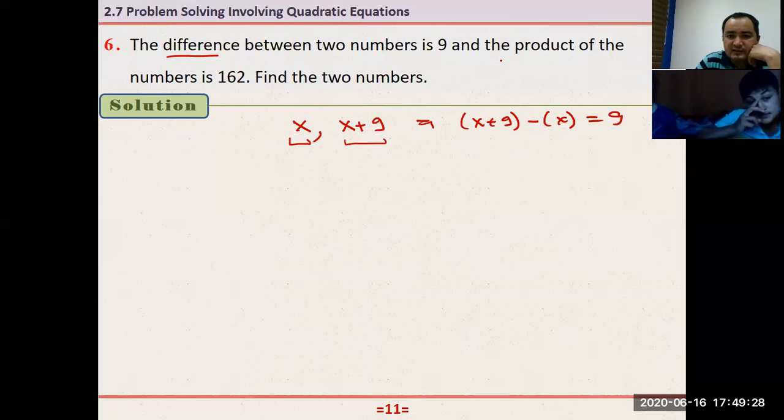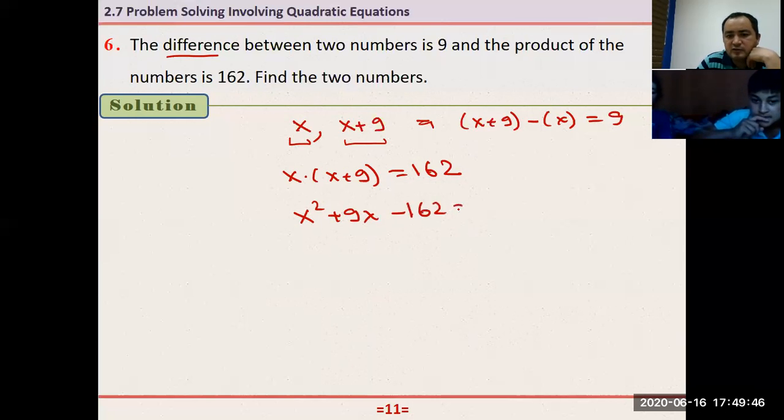And it says that the product of the numbers is 162. So the product means x times (x plus 9) is equal to 162. That's all. So here we have x squared plus 9x minus 162 is equal to 0, right?